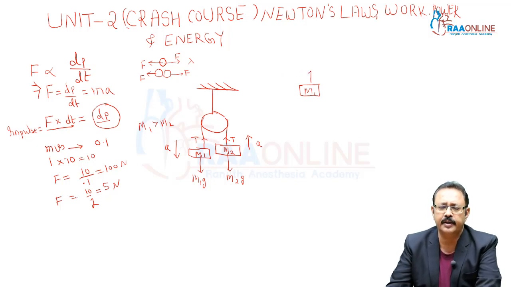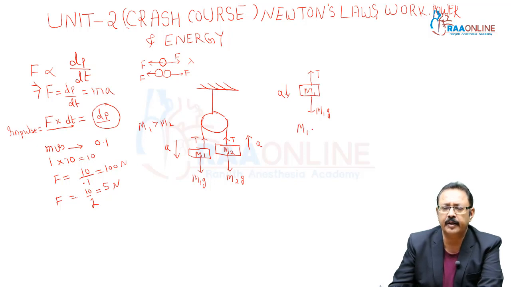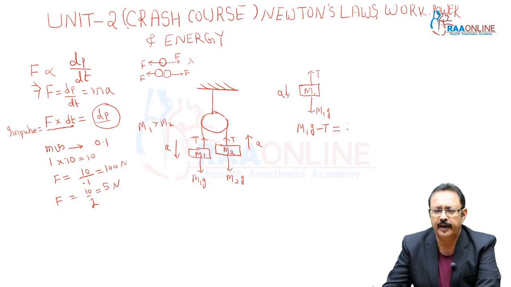Tension T in this direction, and m1g in this direction. Since it is moving with acceleration in this direction, which force should be greater? Definitely m1g. It means it is coming downward with a force m1g minus T, but according to Newton's second law, it should be m1 into a.